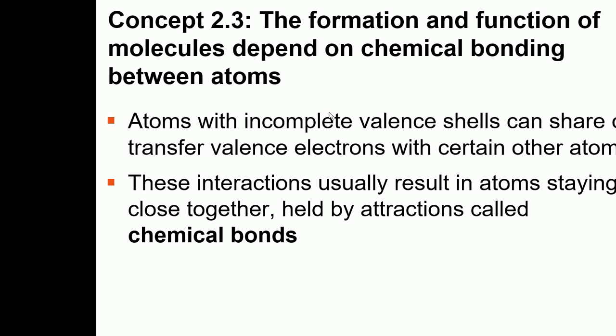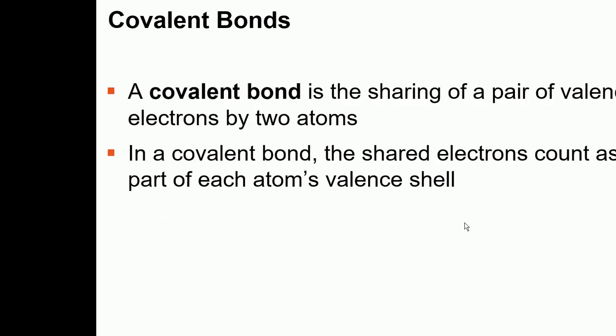So atoms with incomplete valence shells can share or transfer valence electrons with certain other atoms. And when they share the electrons, or when they lose or gain the electrons, that results in the formation of a bond between the atoms, and these bonds are called chemical bonds.